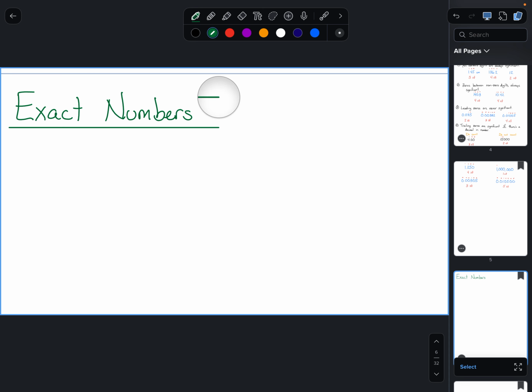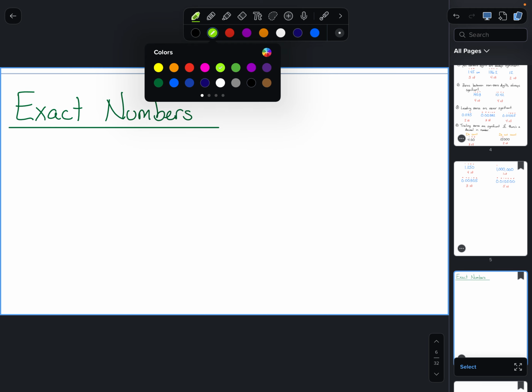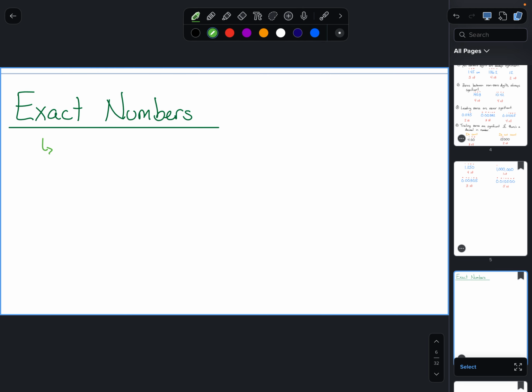Exact numbers are numbers that have an infinite amount of sig figs. And there are 2 special cases of exact numbers that we're going to see in this course.